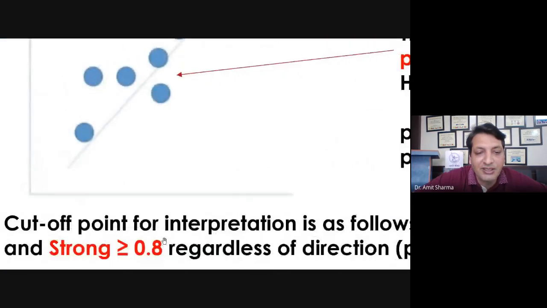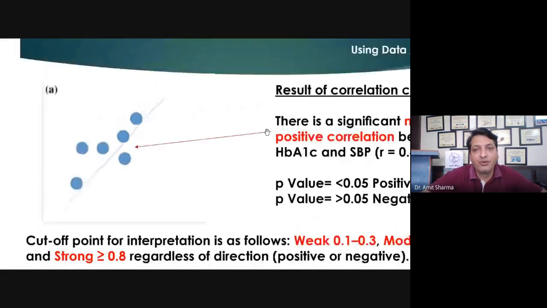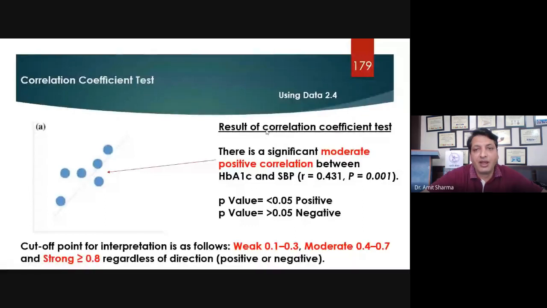So these standard ranges you have to remember to do the interpretation of your results, and the range of R which you have to remember is -1 to +1. If your value of R is not within the range -1 to +1, you can directly say that there is no correlation between HbA1c and systolic blood pressure.